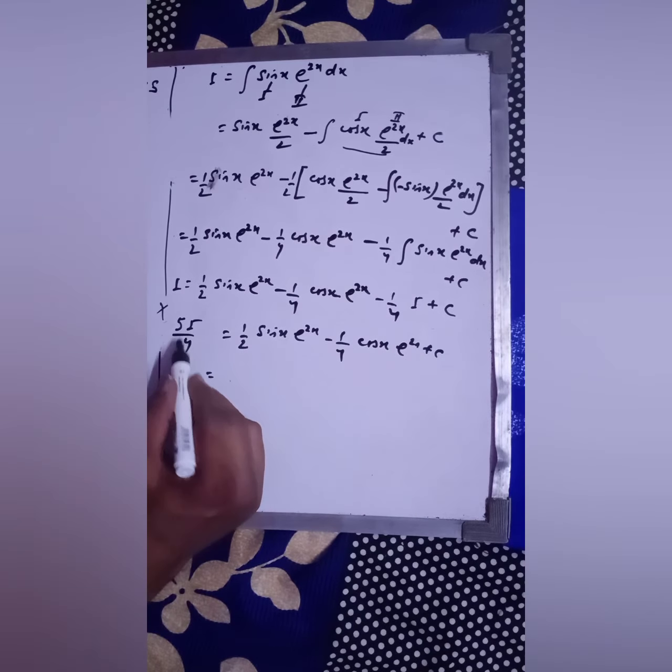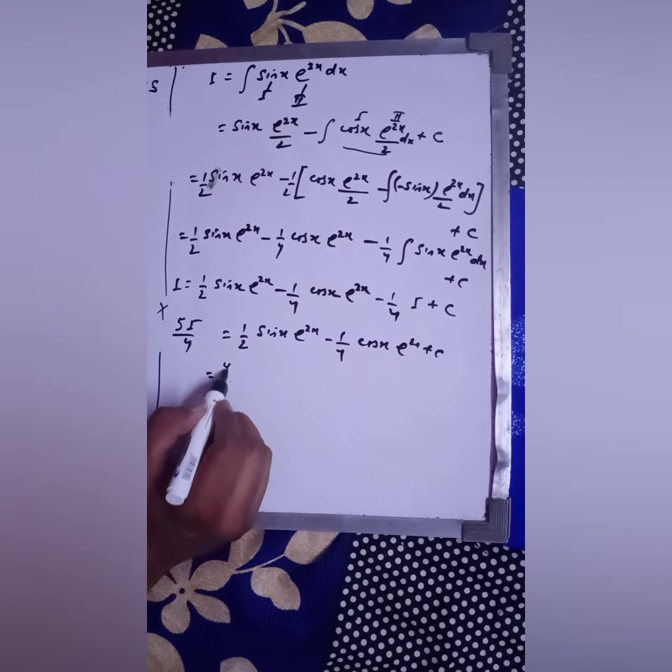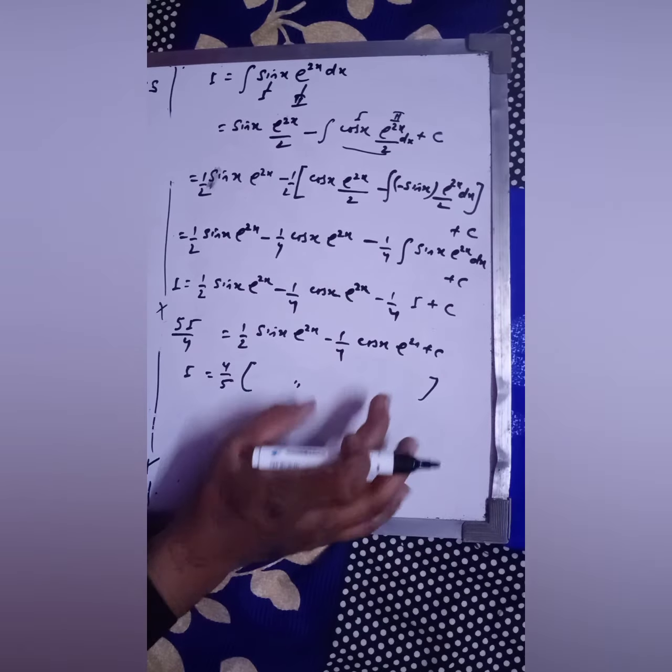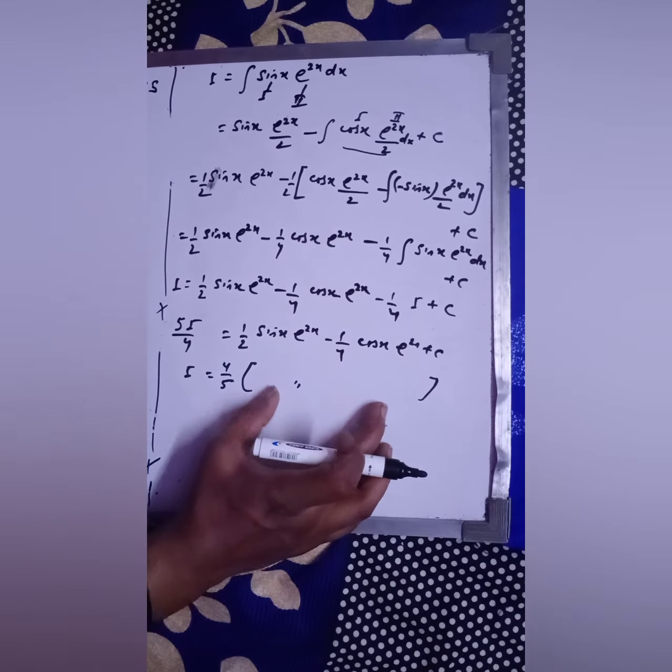Okay children, now you have to multiply this by 5 by 4. This is your I, and the same thing you have to copy here. Now you just have to put the value of I in your equation number 1 and you will get the required answer. So this is how you can solve question number 1 of this exercise.